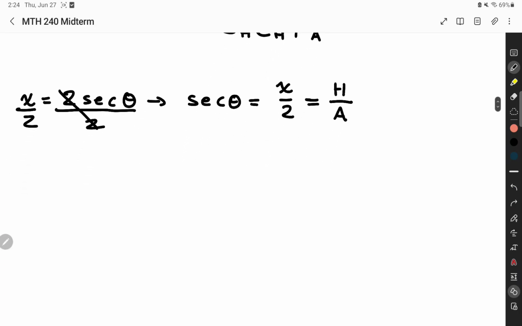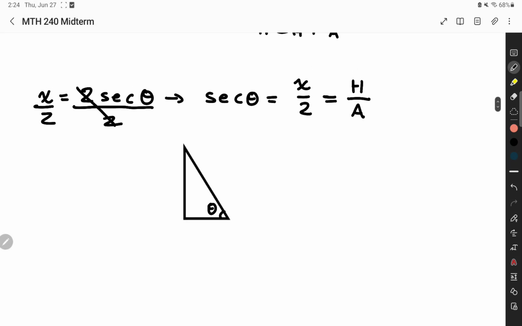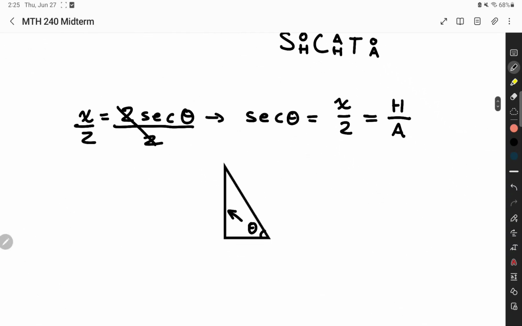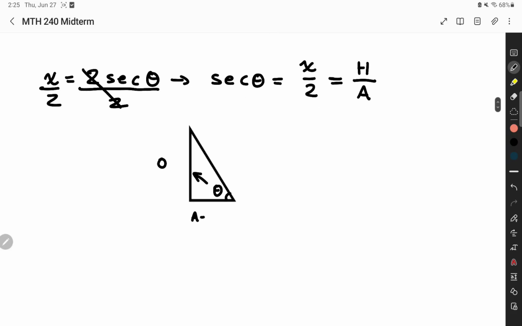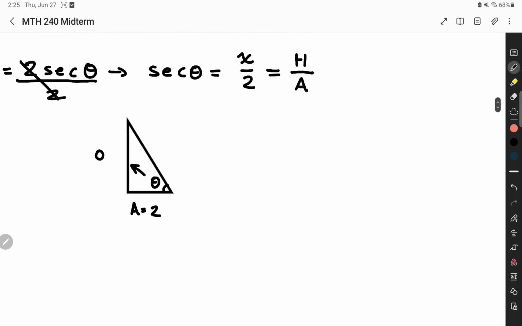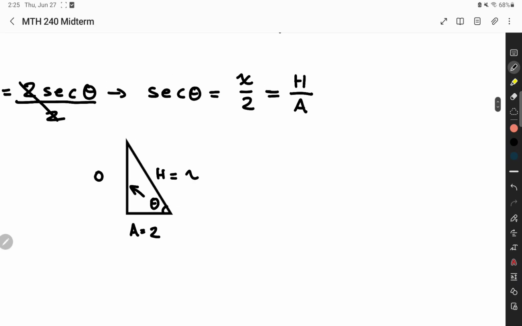So let's draw a triangle. And so let's just say that this is our angle theta. And so we know that this would be our opposite. Our adjacent would be right here, and we know that that is equal to 2. And we know our hypotenuse is here, and that is equal to x.